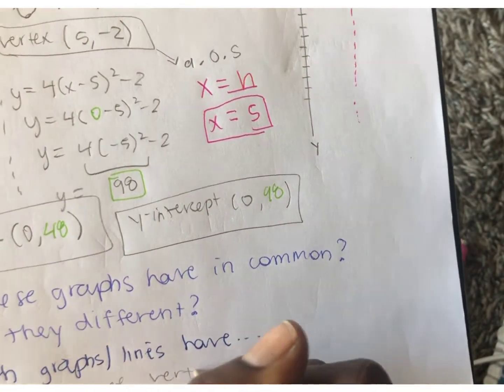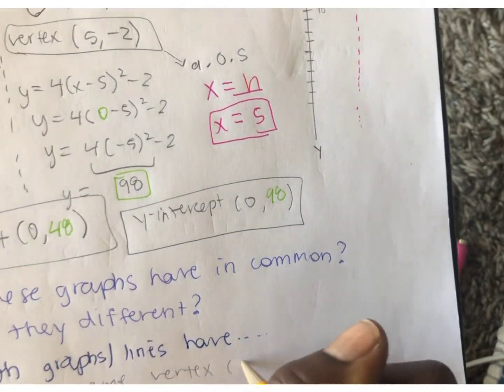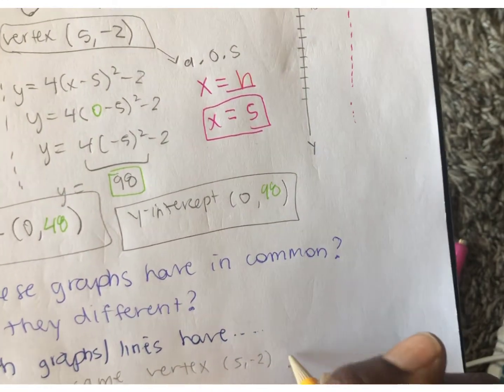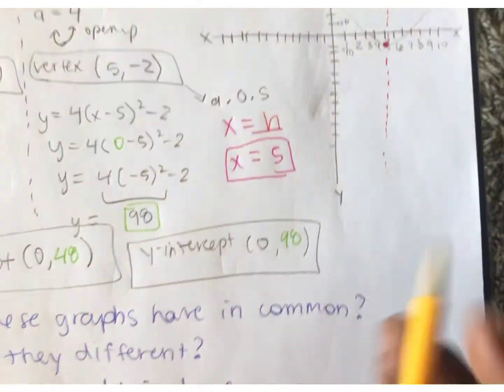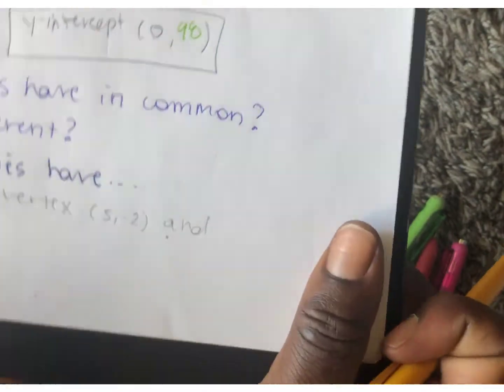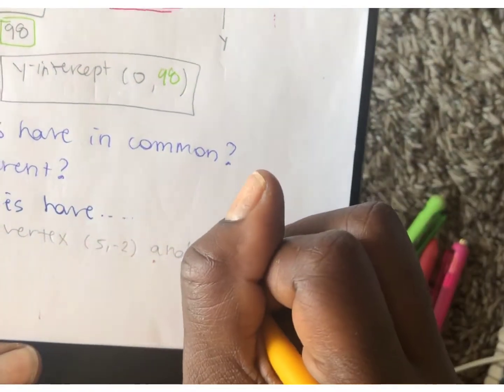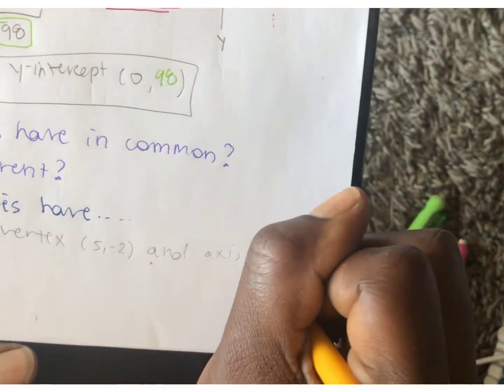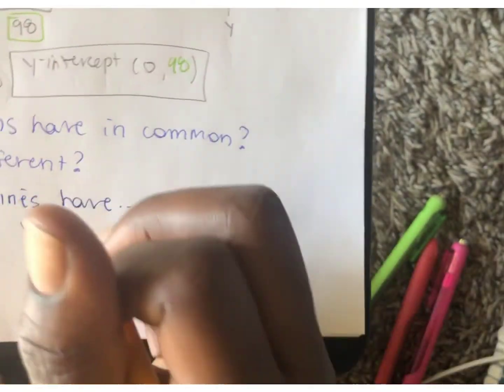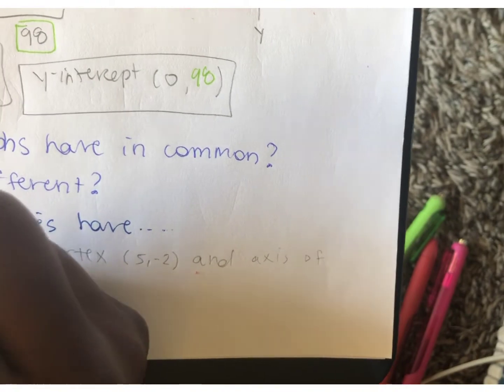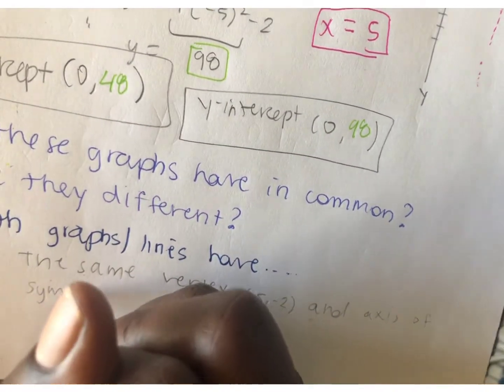Vertex, which is 5, -2, and they also have the same axis of symmetry. The same vertex and axis. And here we are not going to abbreviate symmetry. We are going to write it out in a complete sentence.